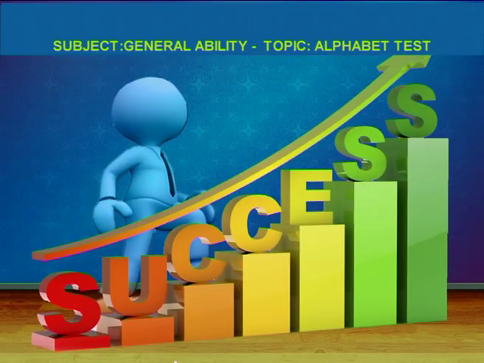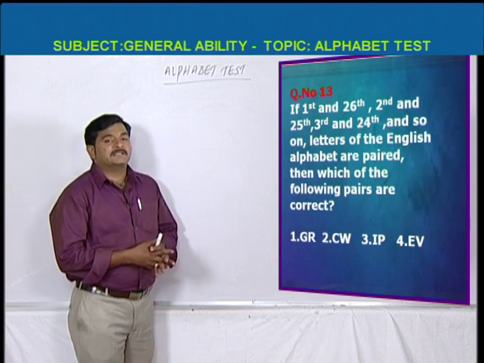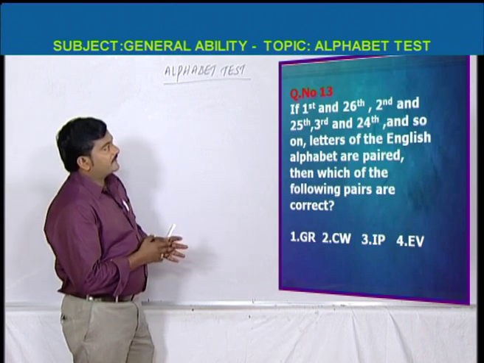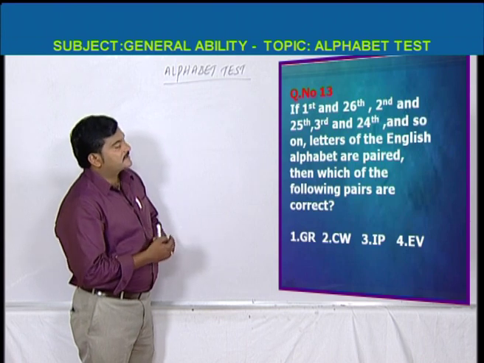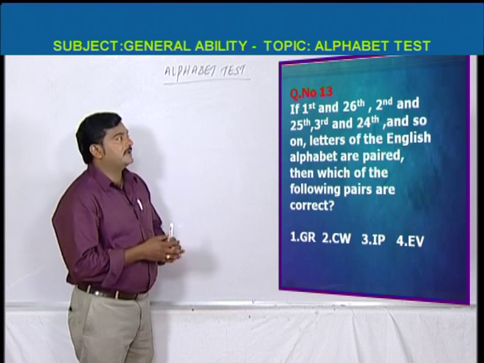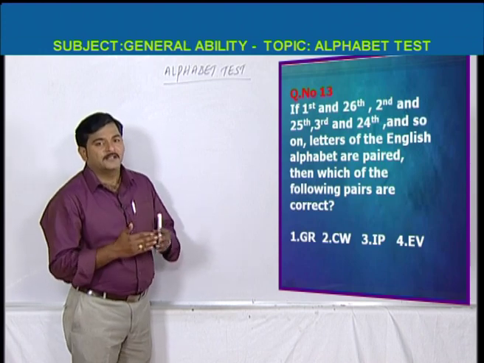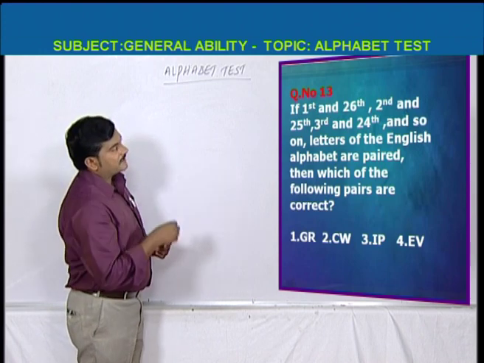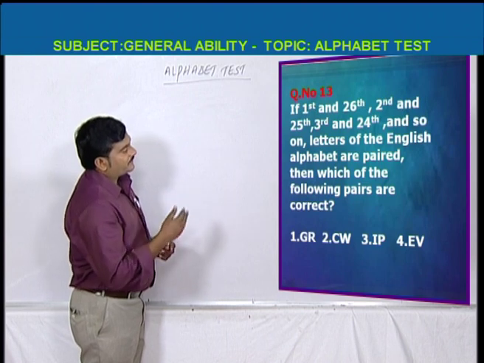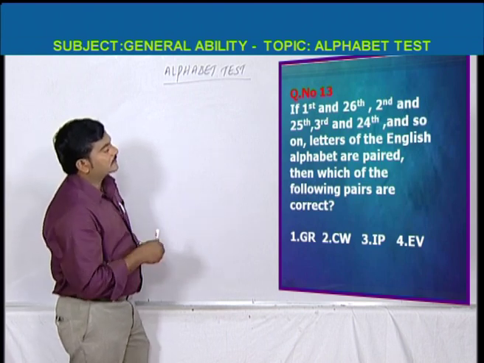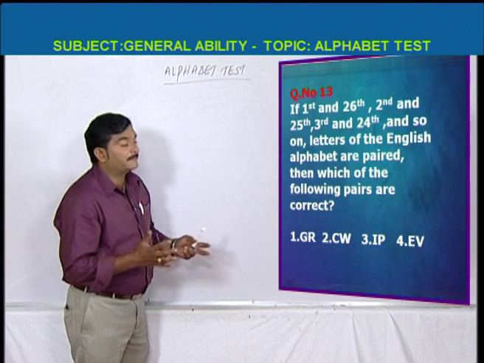See, the next question is given like this. The first and 26th, second and 25th, third and 24th letters of the English alphabet are paired.